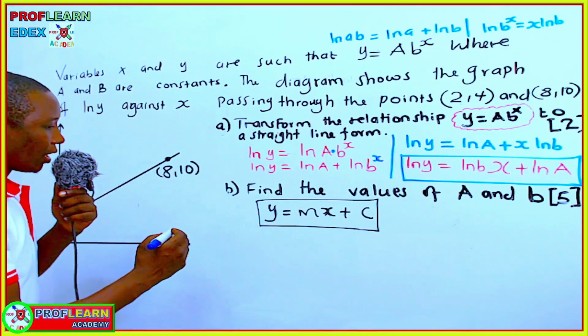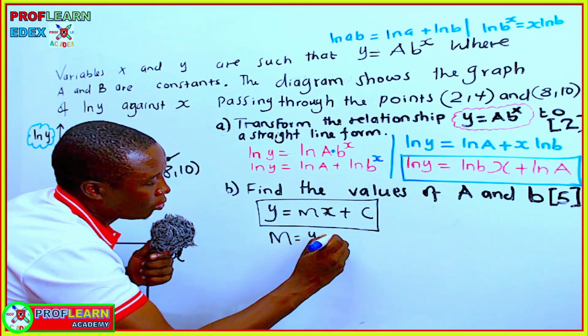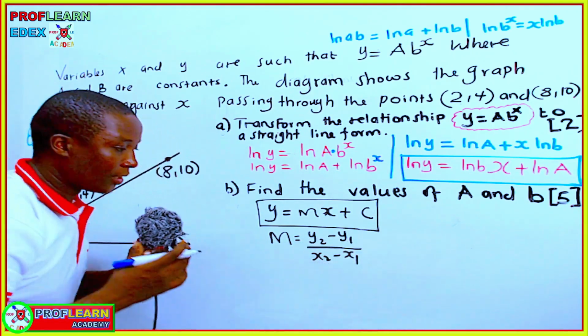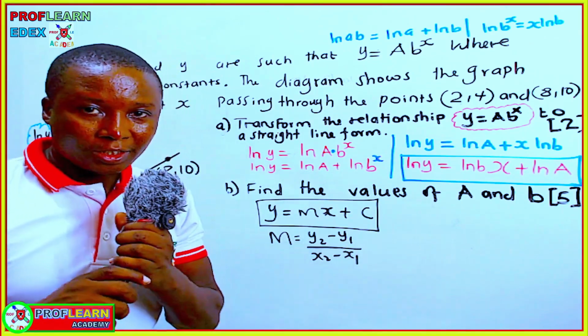Now, since this is a straight line, we are going to say the gradient m is y2 minus y1 over x2 minus x1. This is the formula you use in order to find the gradient of a straight line.